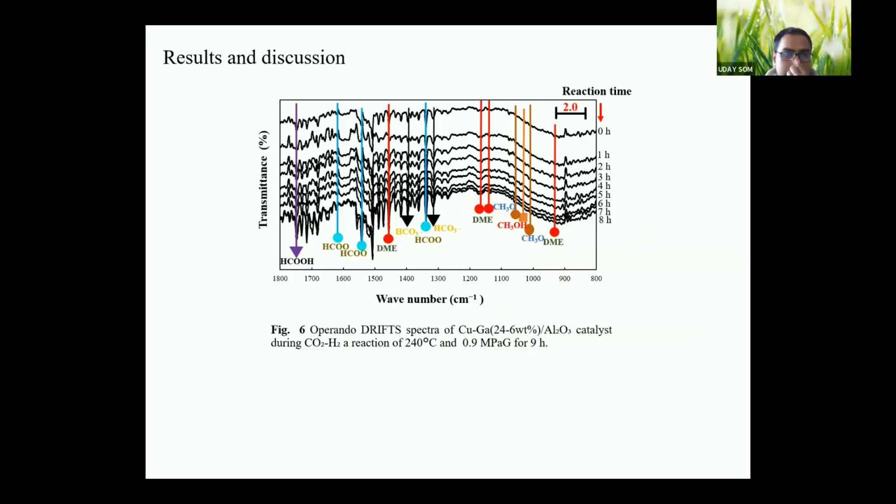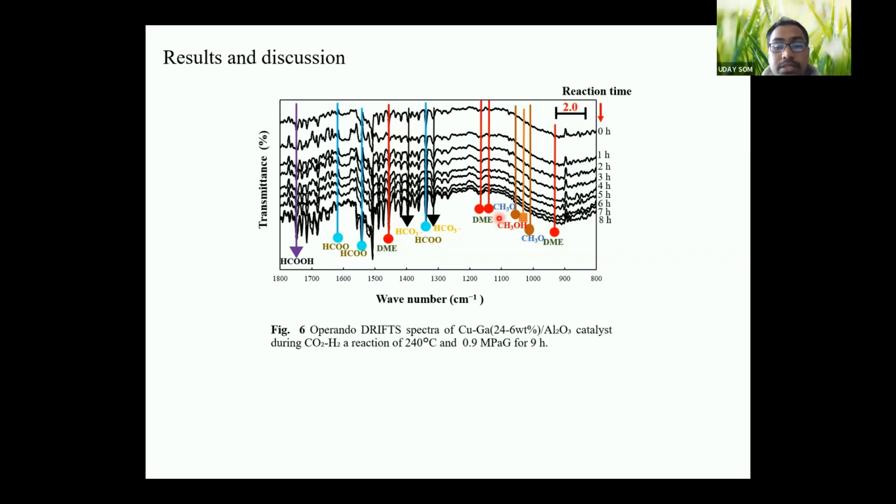After that, in the slides, I am trying to investigate the intermediate products depending on the interval time at a 240 degrees centigrade reactor temperature and a constant pressure of 0.9 megapascal. The carbon dioxide and hydrogen mixture at 240 degrees, pressure 0.9, and the interval time is 9 hours.